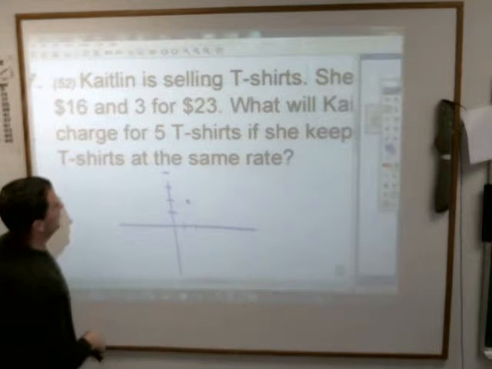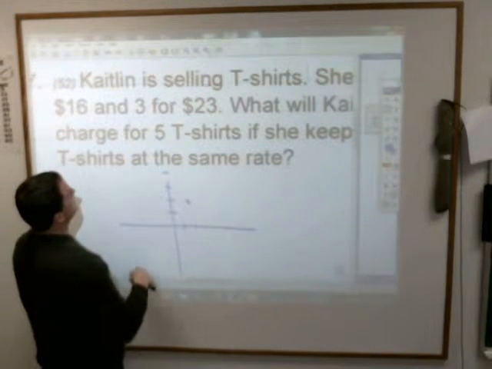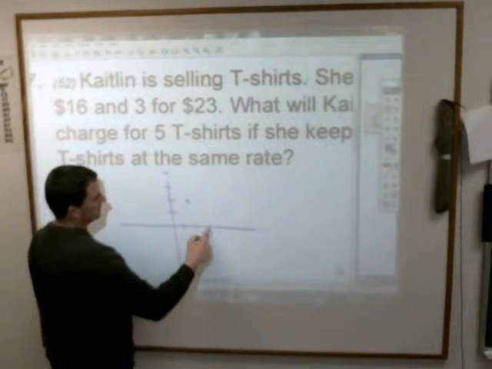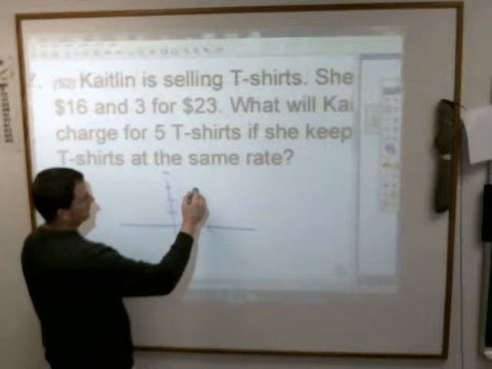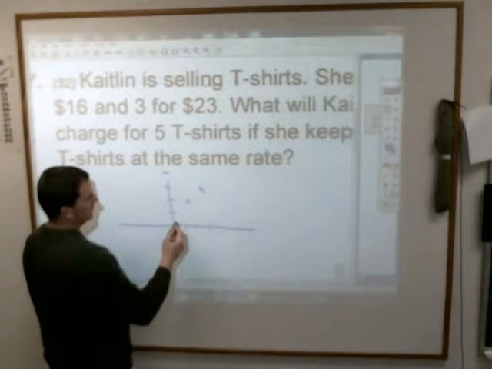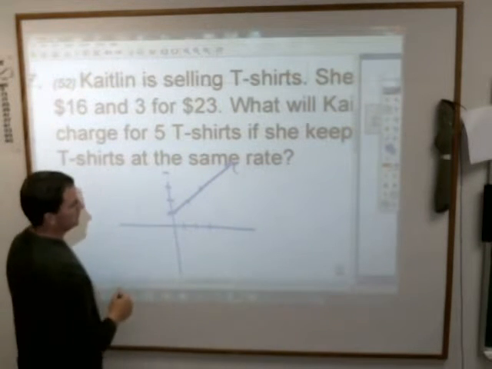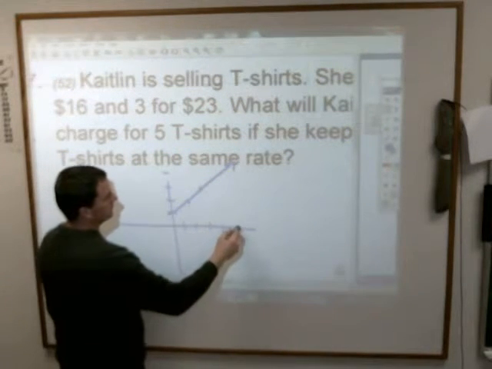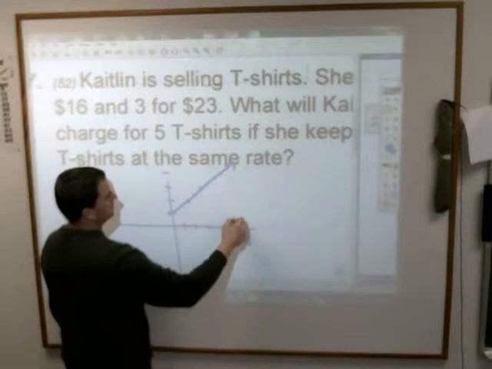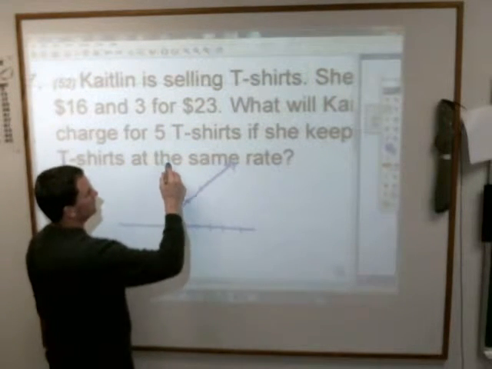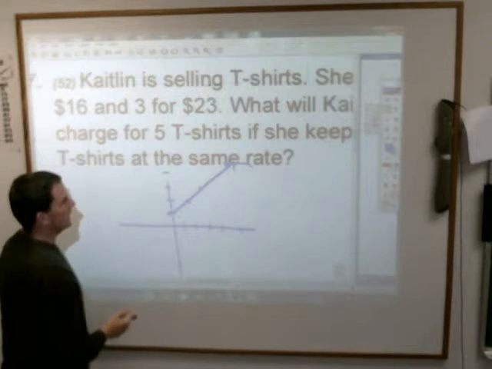And again, on a piece of graph paper, this will be a much simpler thing. 3 for 23 is about right here. If you draw this nice straight line, how much would 5 be? You just have to see where this crosses up here. If my calculation is right, I think mine is right at $37.